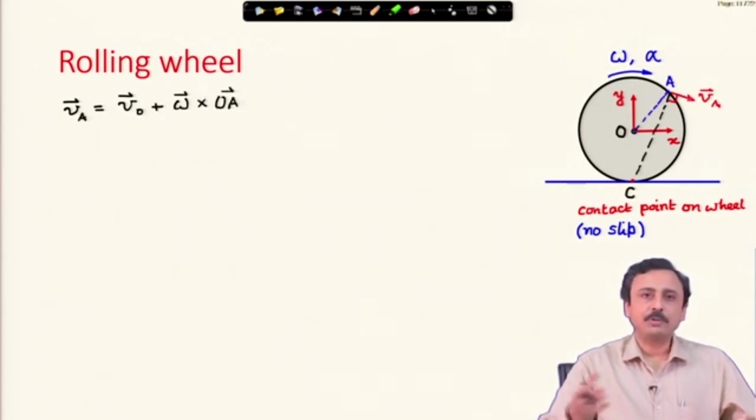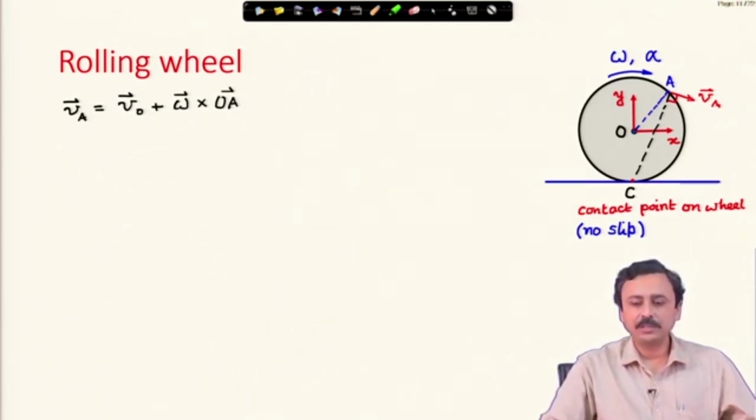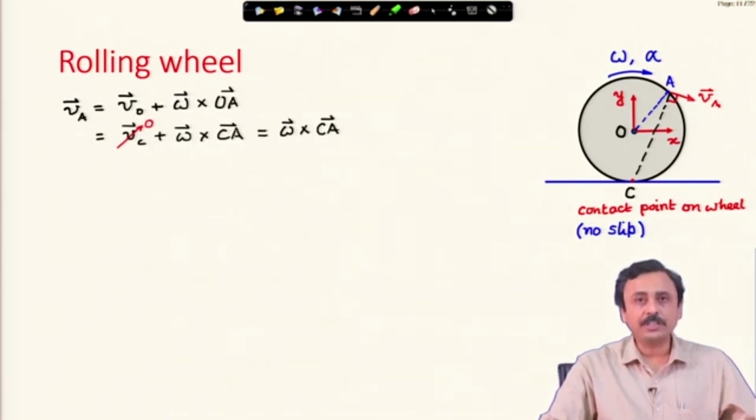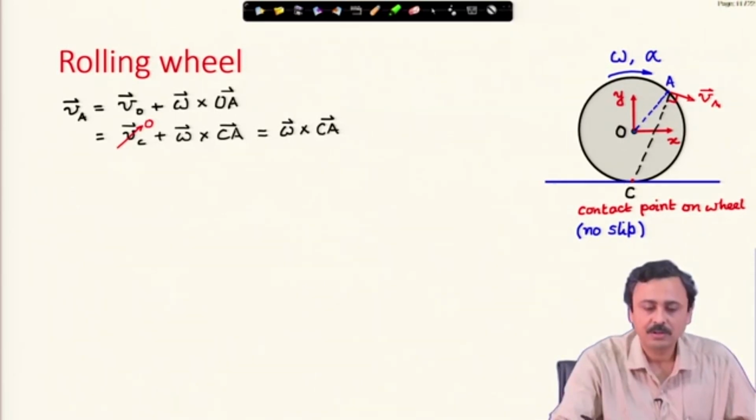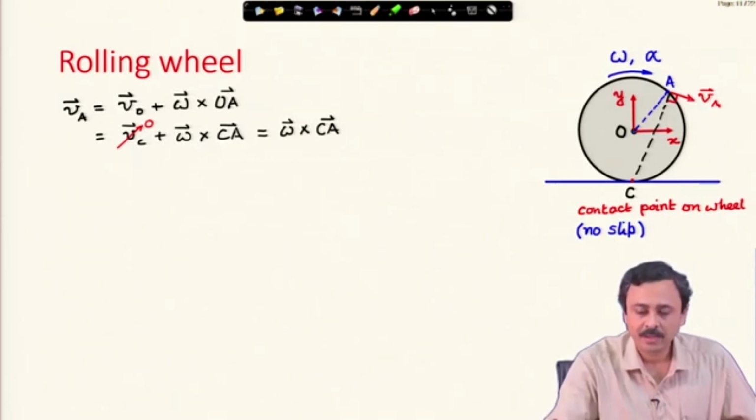Now, following this, you can extend this to study acceleration or velocity of various other points on the wheel. For example, velocity of A is velocity of O, which is known, we just now derived, plus omega cross OA, and it can also be written in terms of velocity of point C, velocity of C plus omega cross CA.